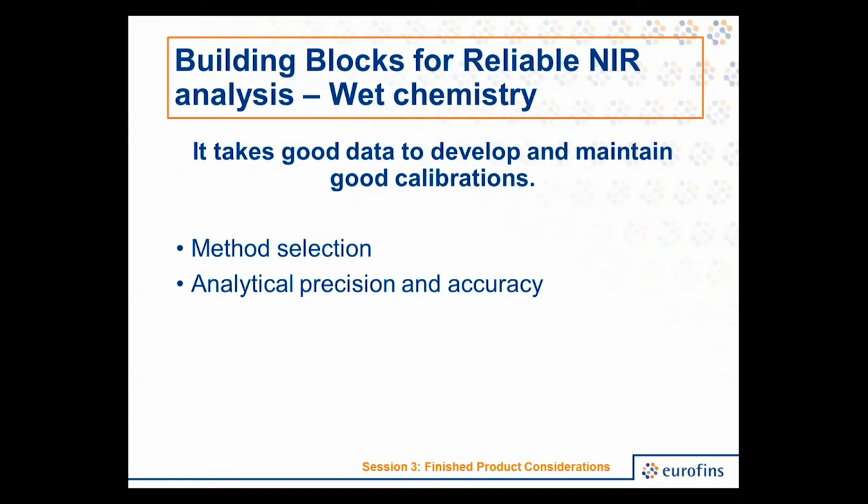You will want to have this answered first because you need a sound building block to start out. Once you have your method selected, you'll want to know the repeatability and the reproducibility statistics of your primary data in that method, and then make a determination for what your target for performance for near-infrared will be.